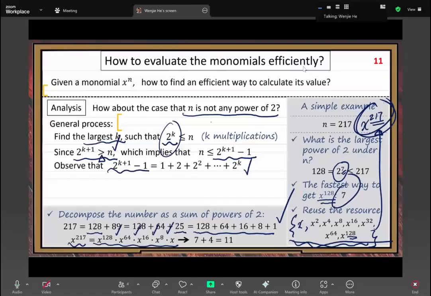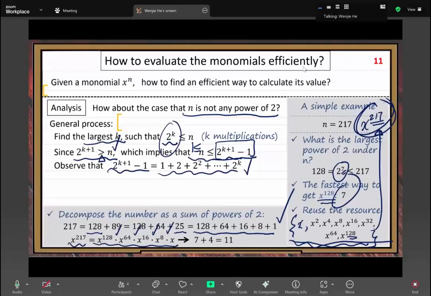So we want to represent the n number in this range. The largest number in this range is the sum of all our power of 2 numbers in our resource pool, corresponding to the terms we calculated. So we can get it.